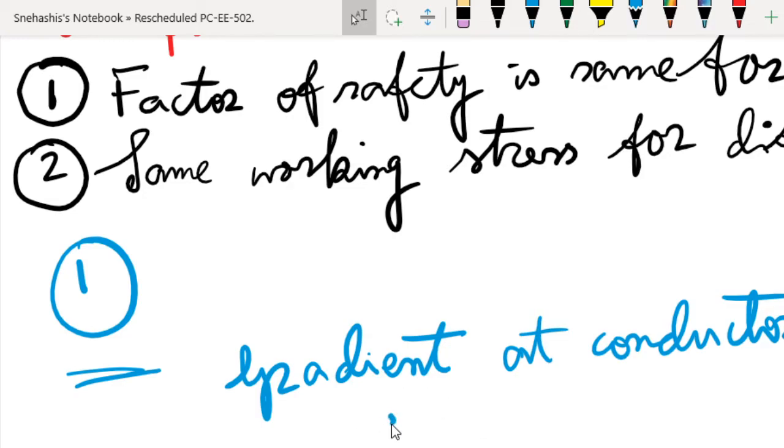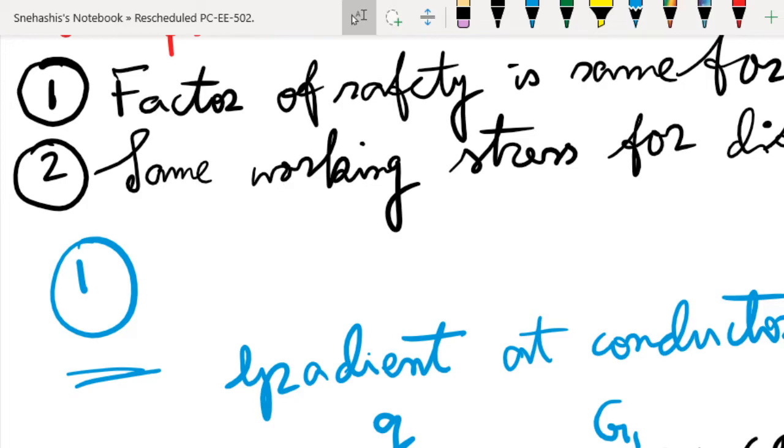See, it is q by 2 pi epsilon 1 r, and factor of safety is what? Dielectric strength, same factor of safety, g1 divided by f. F is the factor of safety.